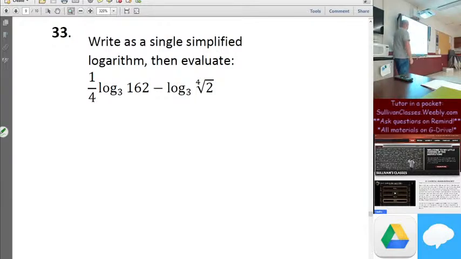Simplify. What can I do with that 1/4 out front of a log? So it's log base 3 of 162 to the 1/4.